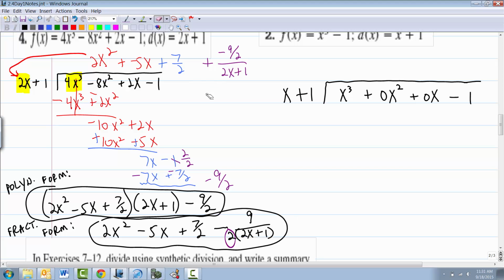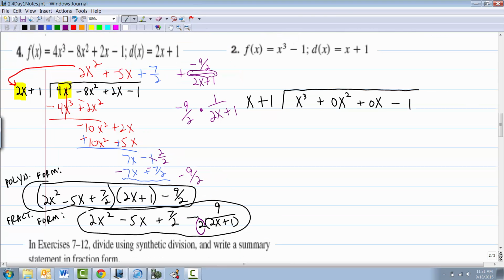The best way I can describe this is division. So this means negative 9 halves divided by 2x plus 1, which is times 1 over 2x plus 1. And then when you multiply fractions, you multiply across. So that's the reason that 2 needs to be on the bottom. Unacceptable if you don't.